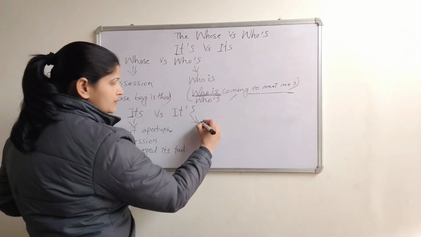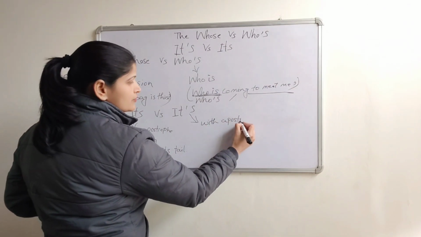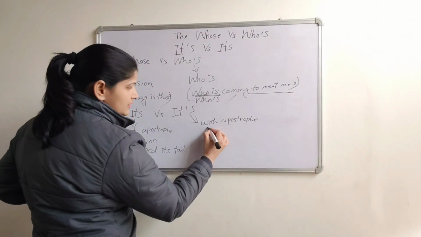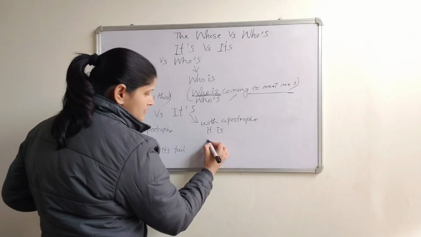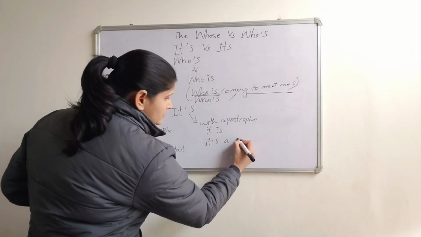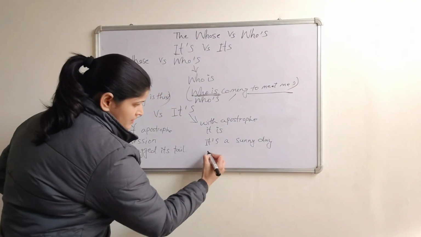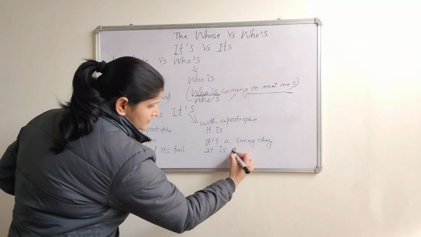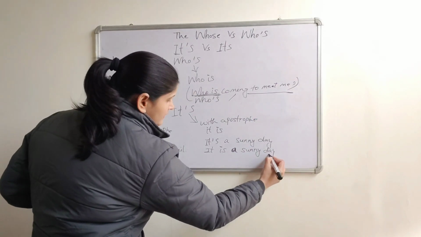And it's with an apostrophe means it is. It's a sunny day. Like, it is a sunny day.